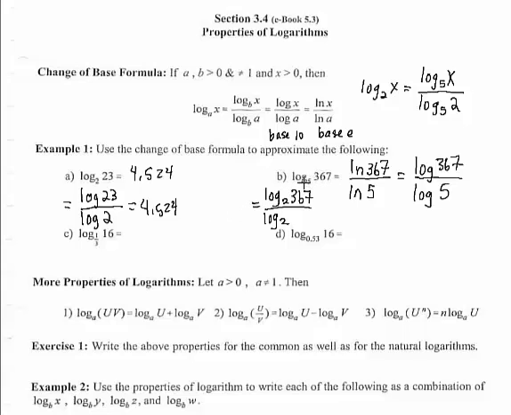Or 5, I'm sorry. 5 was our base. So 5, base of the original expression, would become the argument of our denominator. If you enter any of these into your calculator, you will get the same exact result.